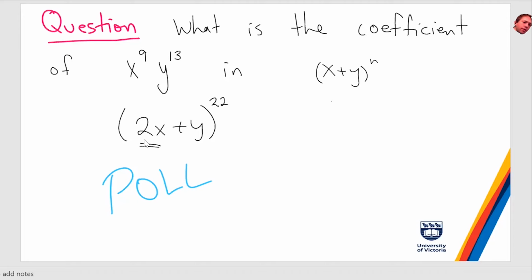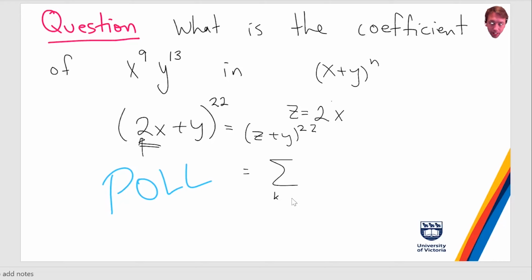There's a little bit of a trick here, because here we've been just looking at the case where you've got, say, (x + y) to the n, but there's a 2. So what does that 2 do? The way to understand this most easily is by doing a substitution.